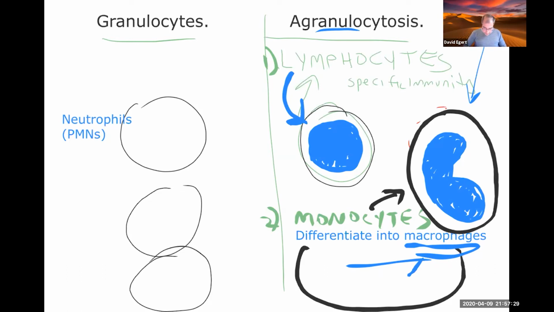There's going to be eosinophils. And there's going to be basophils. Each of these has little granules. That's how they get their name. Although the granules aren't so obvious.